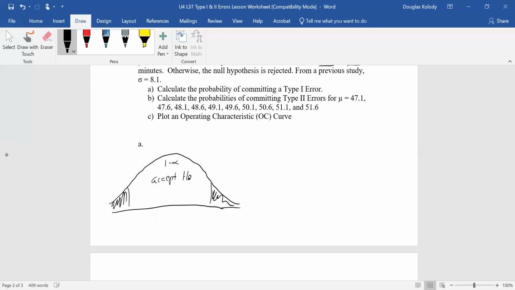If you get a mean that falls anywhere within this unshaded region, that means it's not that far from the center. Remember, the center is right here. Okay, you're going to reject H0 if you get values that fall out here or out here. And by the way, the alpha level split up into here and here. So alpha is just basically the sum of those 2 shaded areas, as it has been for days now.